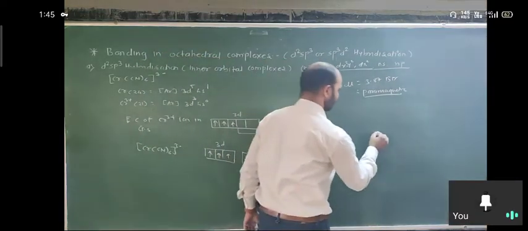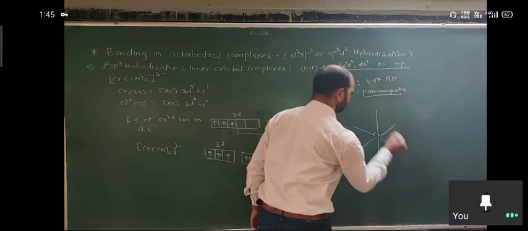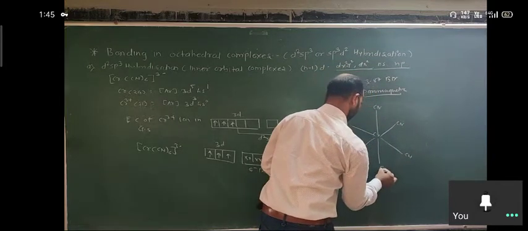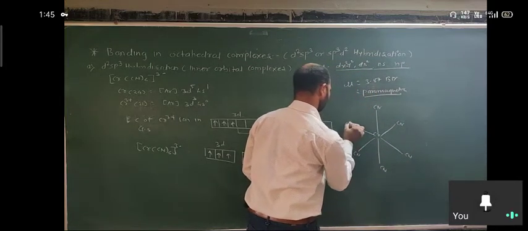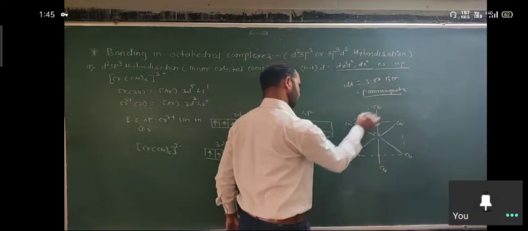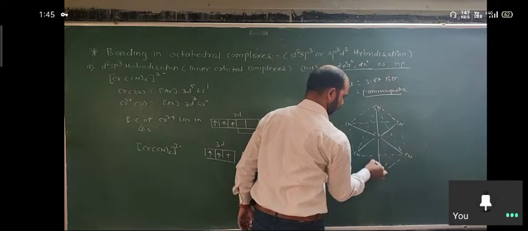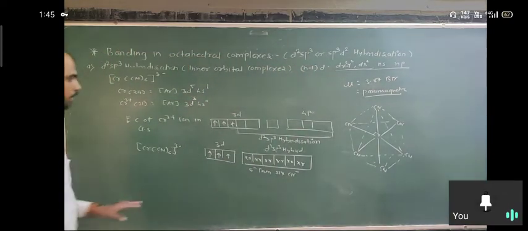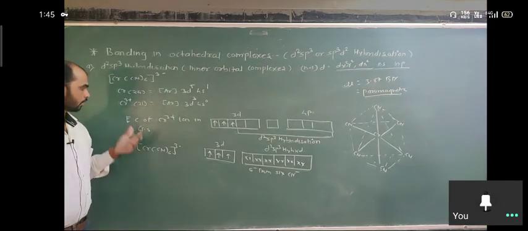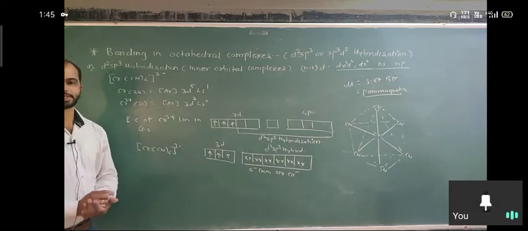And the structure is... So you can simply write the explanation. In the [Cr(CN)6]3- complex ion, the central ion, Cr3+, has the 3d3 4s0 electronic configuration.